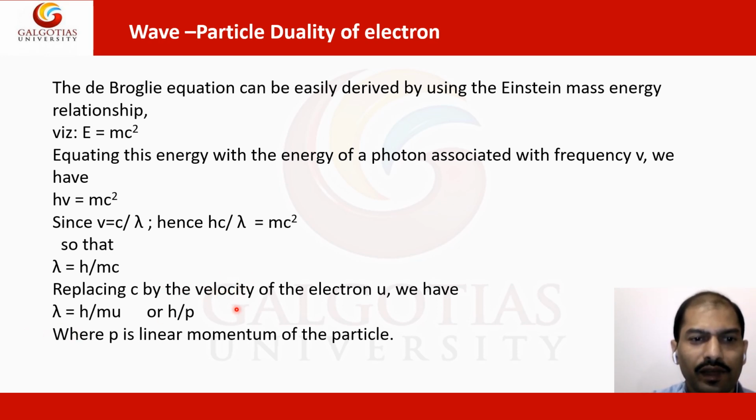In its simplest form, lambda equals h upon p, where p represents the linear momentum of the particle. This is a very important relationship, and this equation helps to calculate the wavelength.